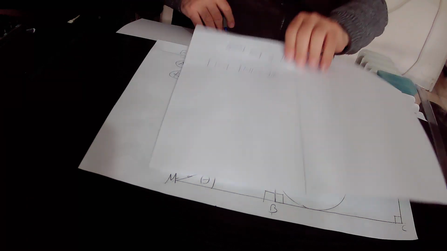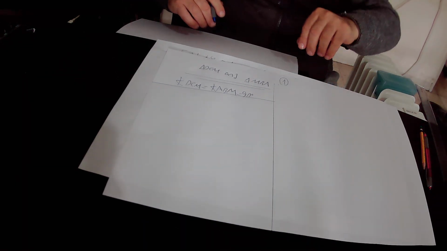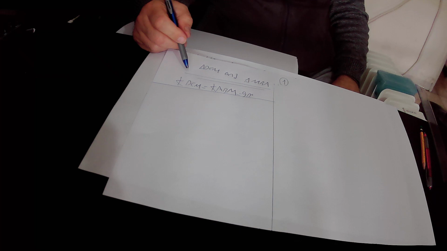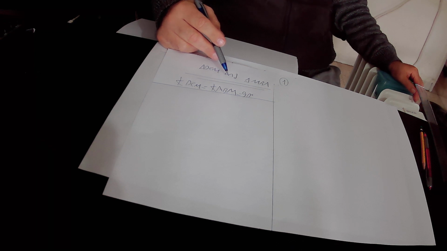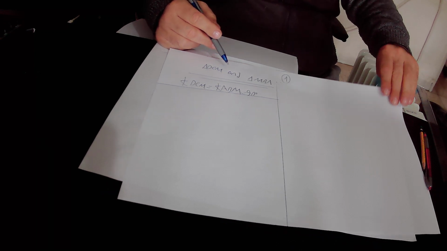Repeat again: angle DCM in the big right triangle DCM equals angle ABM in the small right triangle MBA. They are both equal to 90 degrees, therefore they are equal to each other.